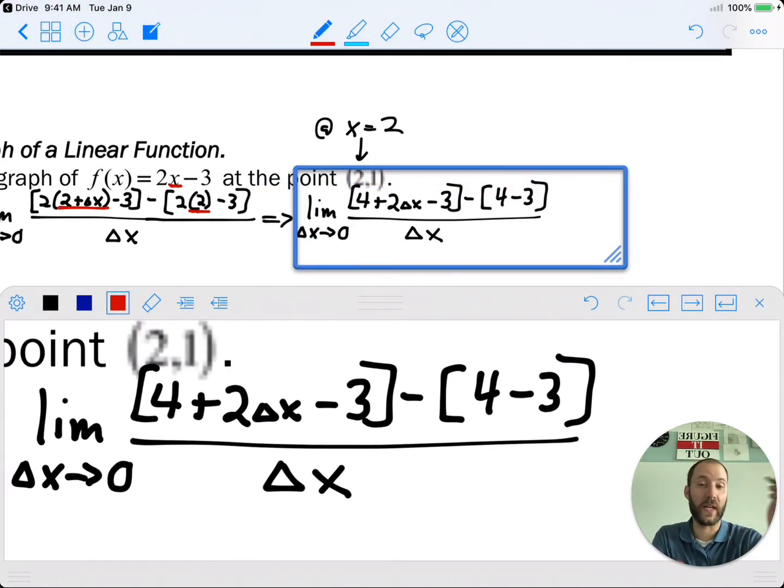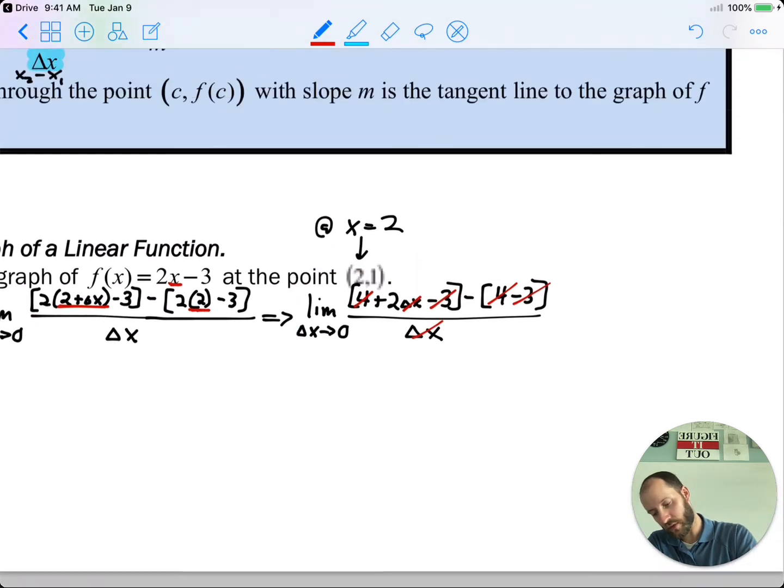Now look what we have. 4 minus 4, those cancel. We have negative 3 minus negative 3, those cancel. 2 delta x over delta x, those cancel also.